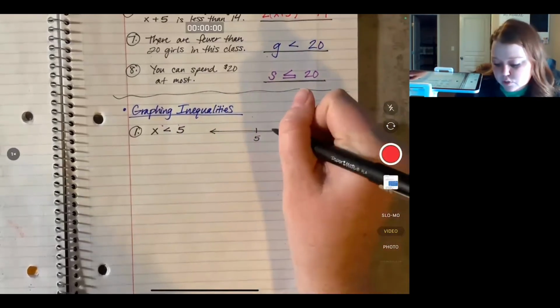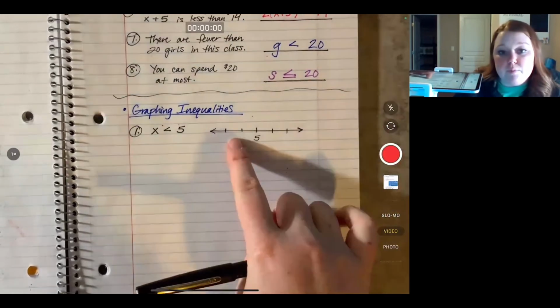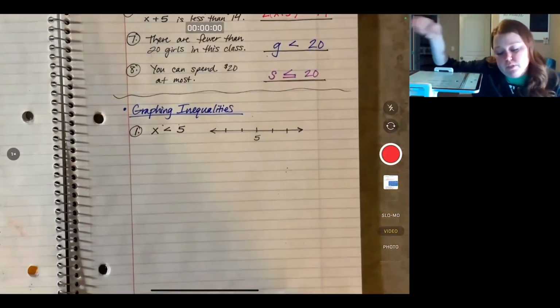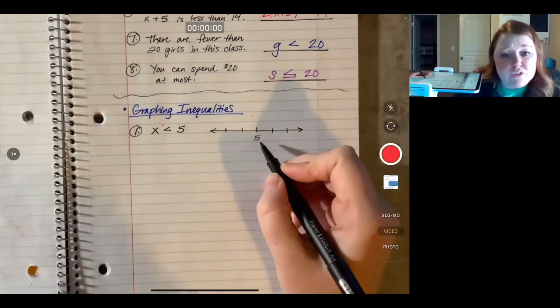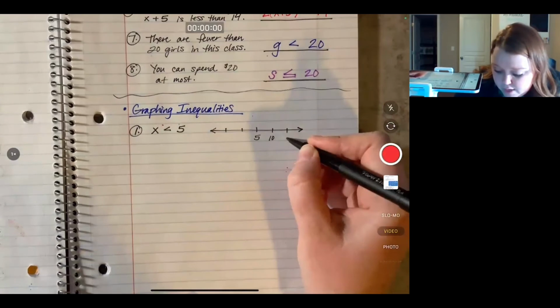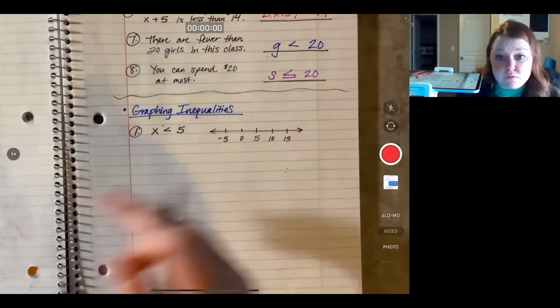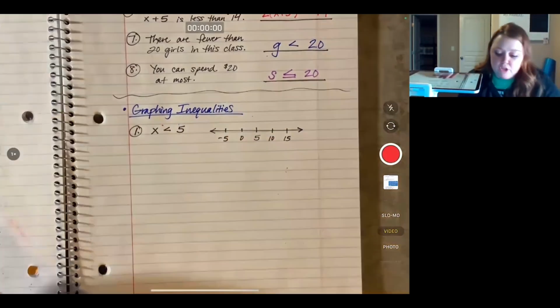I want to see at least 2 values to the left, 2 values to the right. Now, the little tick marks should be pretty equally spaced. But you can count by 1s, you can count by 2s, you can count by 5s. Doesn't really matter. So if I wanted to count by 5s, I totally could. If you want to count by 1s and do 6, 7, and 4, 3, that's totally fine.